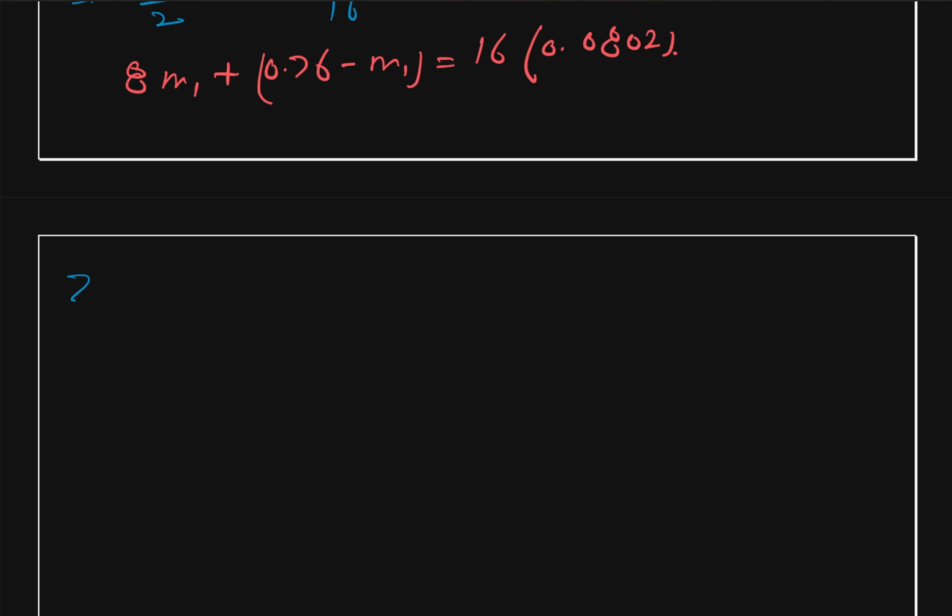So this will be 15 M1, and we are going to multiply 0.0802 by 32, that will come as 2.5664 minus 0.76, and this will be equal to 1.8064 divided by 15.